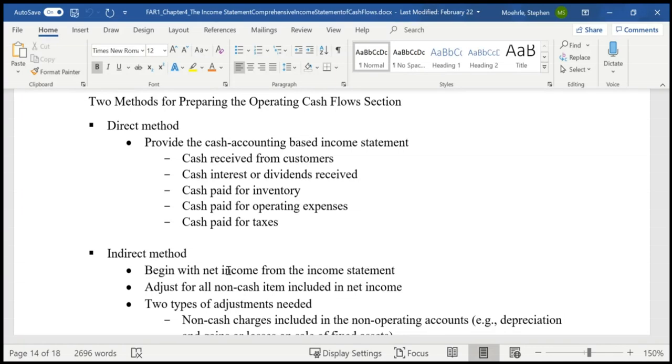Cash paid for operating expenses. That's going to differ from accrual-based operating expenses because of all of those accruals that we did in adjusting journal entries, for example. And cash paid for taxes, again, as opposed to the taxes accrued on the current year's income.